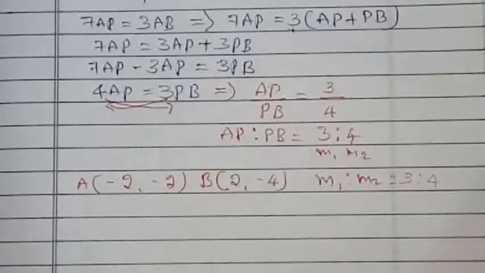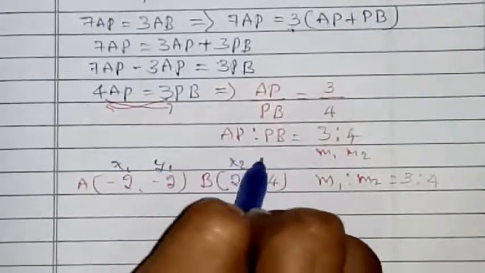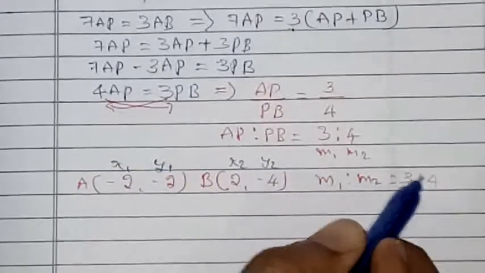Now we got all the values. Write this one as x1 y1, this one as x2 y2, and this one as m1 m2, right children?